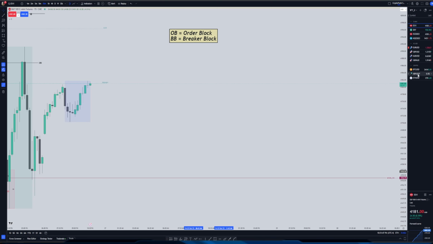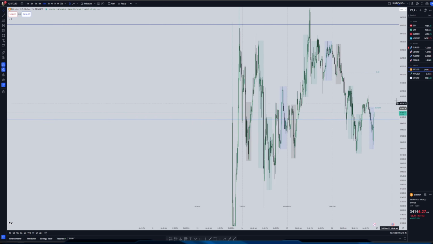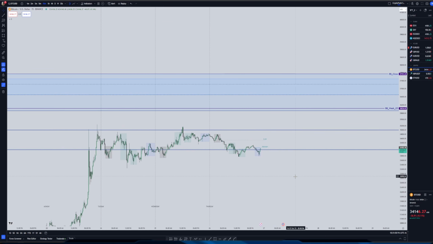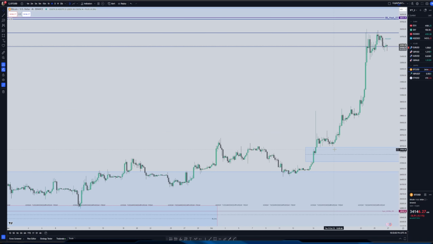Don't get me wrong, I don't trade crypto anymore, but I just have this to see how Bitcoin, because I had some levels that I drew for my BTC reaction. Let me go to the 4 hours to make it clear.